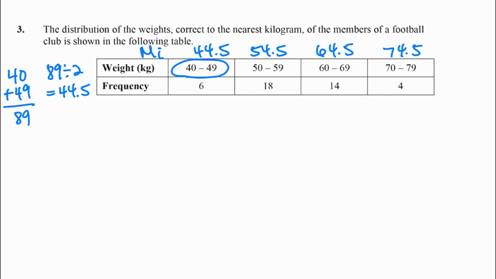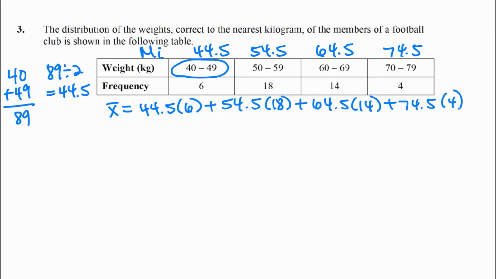So let's start first with the mean, since we can't figure out variance without it. So to figure out the mean, I'm going to take each midpoint, I'm going to multiply by the frequency. Once I write down every single mid-interval value, the midpoint, times its frequency, I'm going to divide by n. N is going to be the sum of the frequencies.